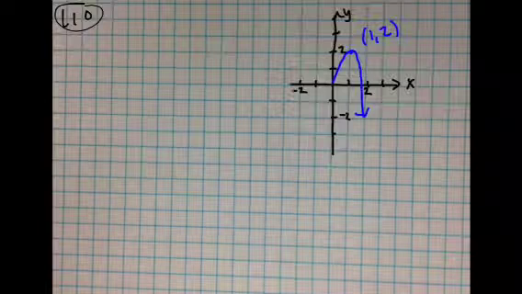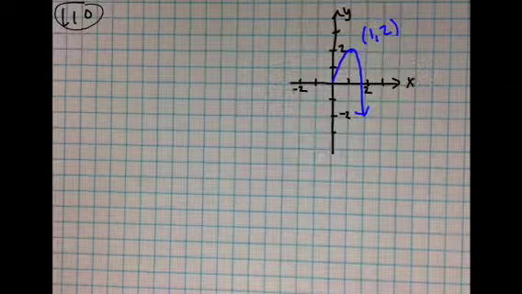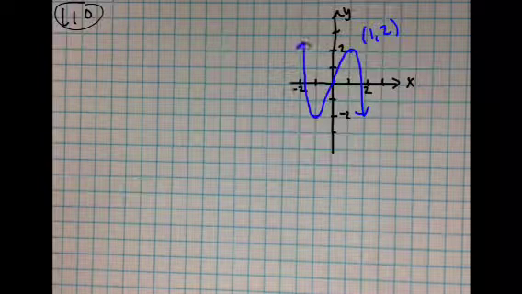So remember, if 1, 2 is on the graph, then -1, -2 has to also be on the graph. So I will plot -1, -2, use the same color, and so connect, whoops. Okay, so there's a complete function right there.